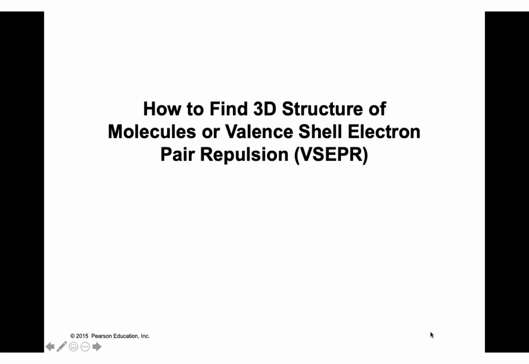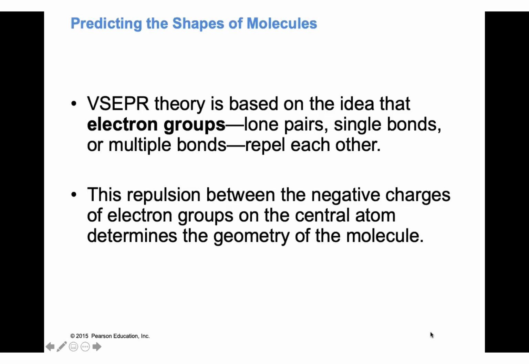So we're gonna show you how we can draw the 3D structure of that and how we can find the geometry of these structures. So VSEPR theory is based on the idea that electron groups, including lone pairs, single bonds, or multiple bonds, repel each other.